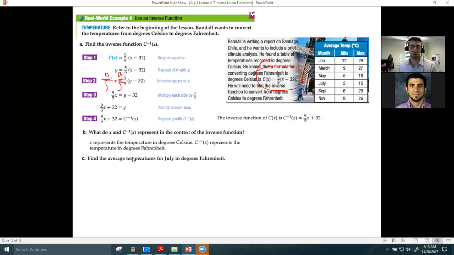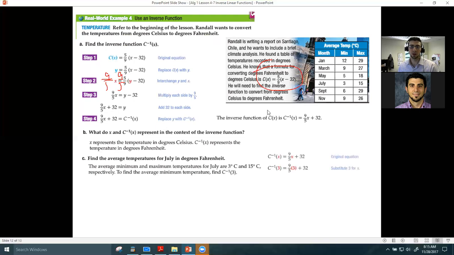So find the average temperatures for July in degrees Fahrenheit. So for July, the minimum temperature was 3, the max was 15, but that's degrees Celsius. So I want to find c inverse of 3. So plug 3 into the inverse equation. Simplify, you get 37.4.